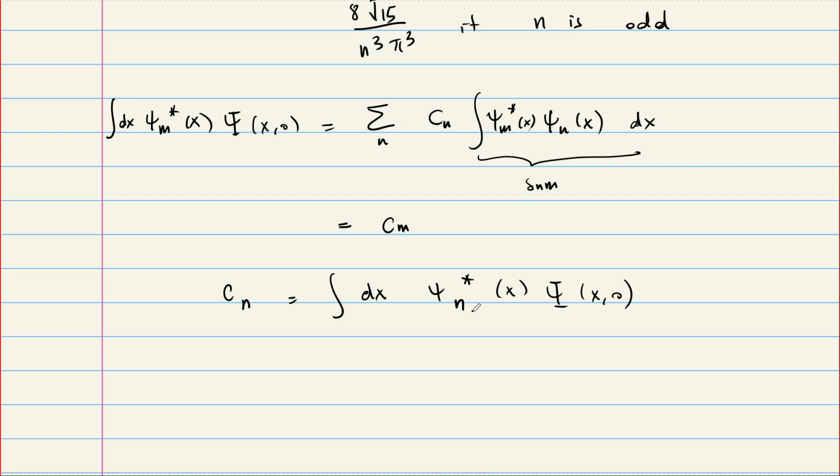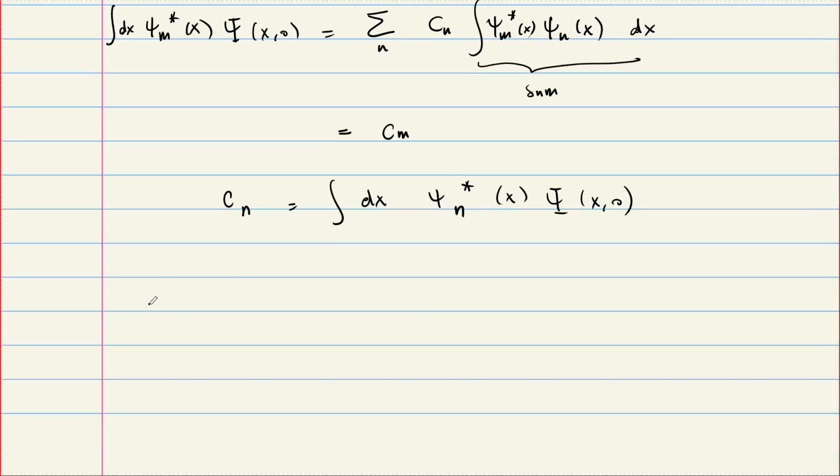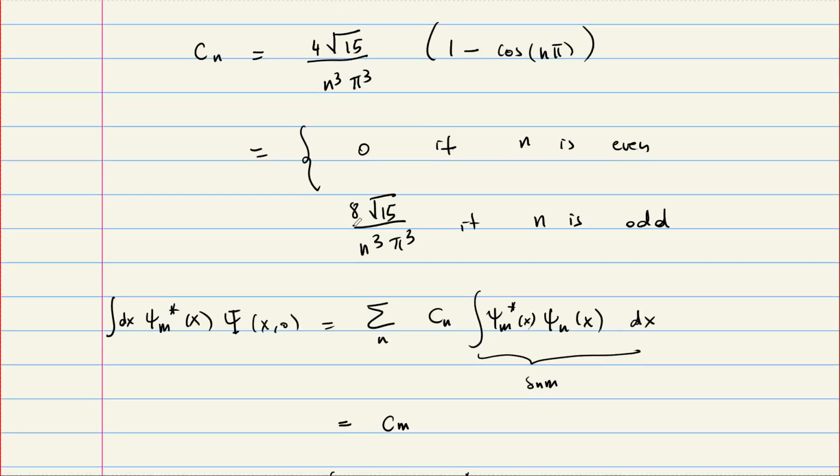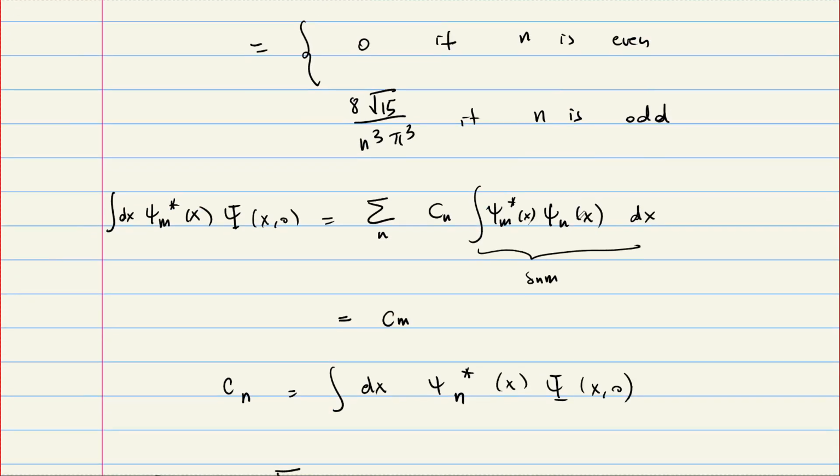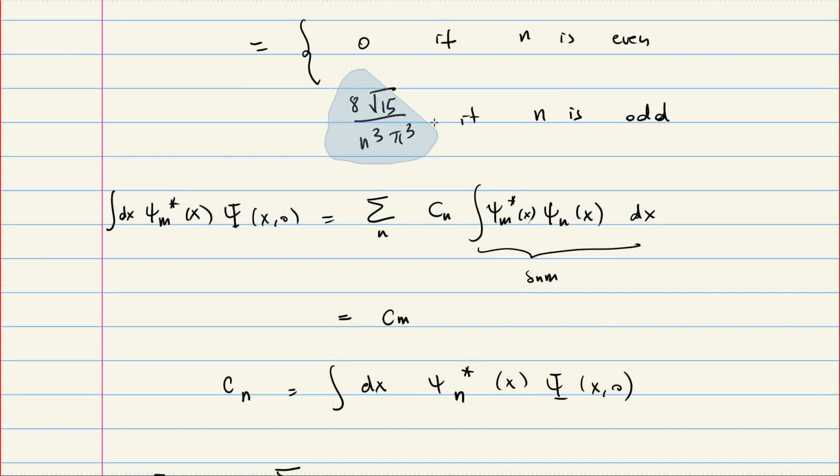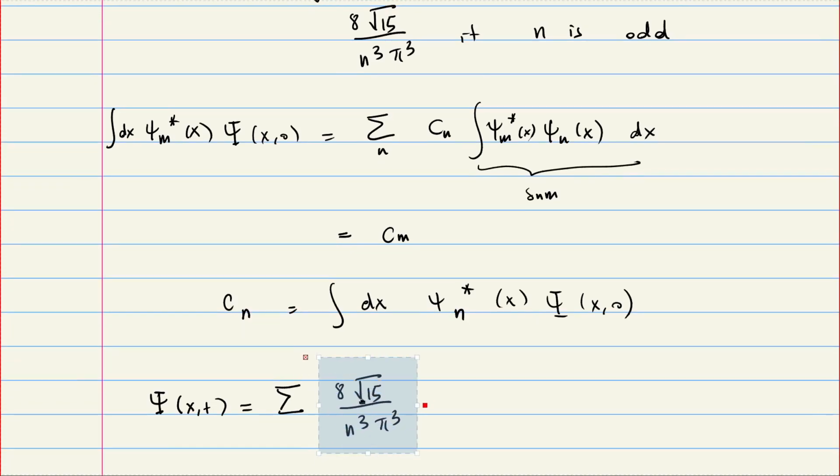Okay. Now we know how to write the time dependent. Any other questions? Let's write the full time dependence. psi of x comma t is going to be, so it was Cn, but we found Cn. Cn is this for odd n's. So let's write this thing. So bring this down. This is n equal to 1, 3, 5, dot, dot, dot.